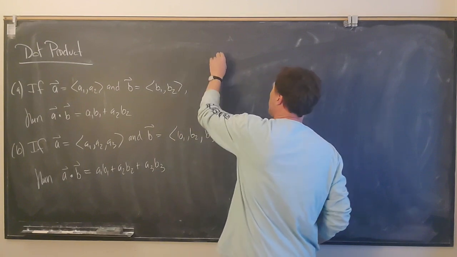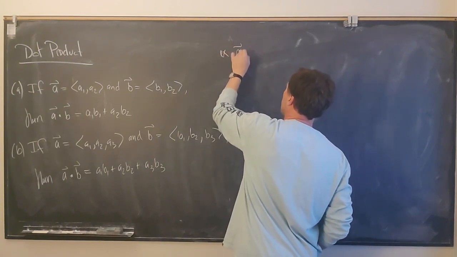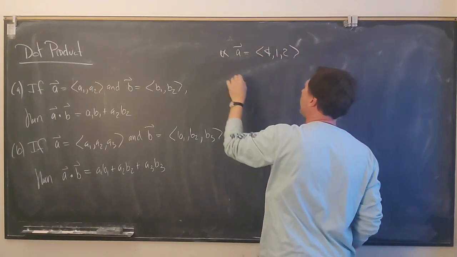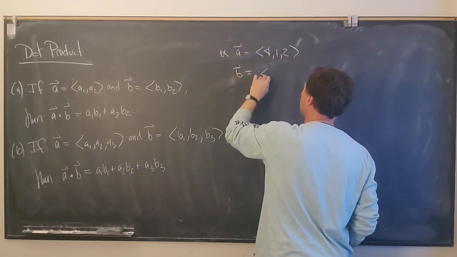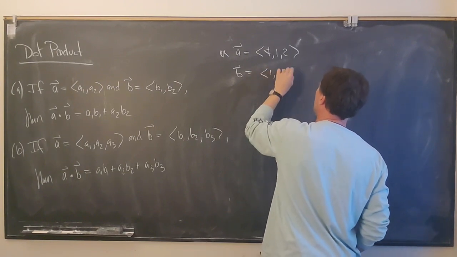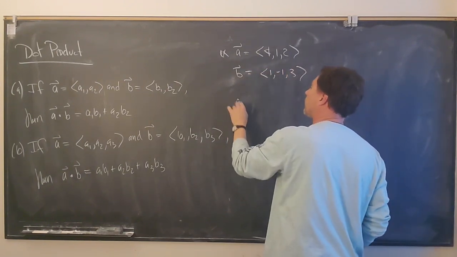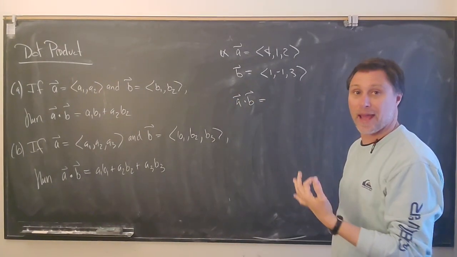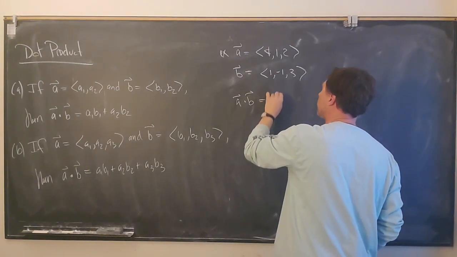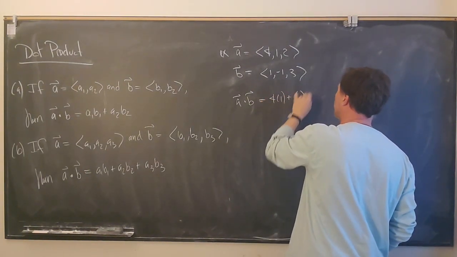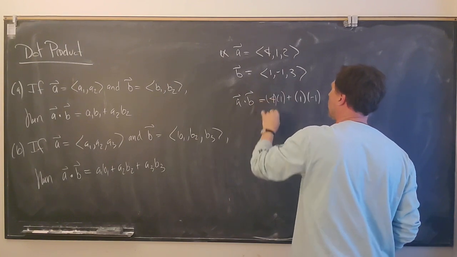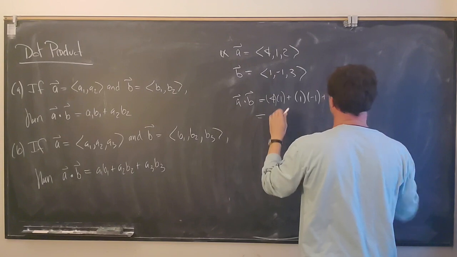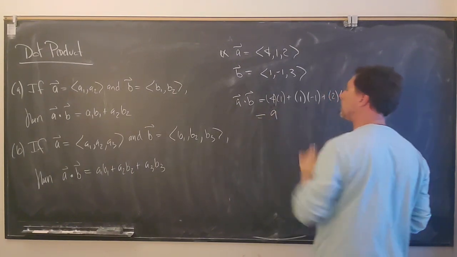So for example, let's say that A is the vector 4, 1, 2, and B is the vector 1, negative 1, 3. Then when we compute A dot B, we multiply the corresponding components and add them together, so it'll be 4 times 1 plus 1 times minus 1 plus 2 times 3, so that looks like 10 minus 1, which is 9.